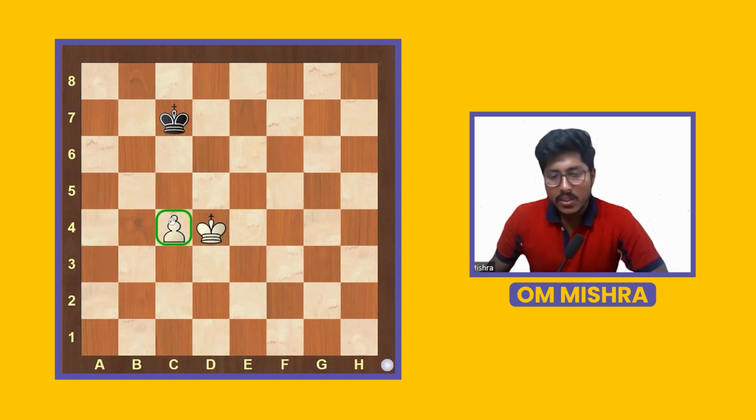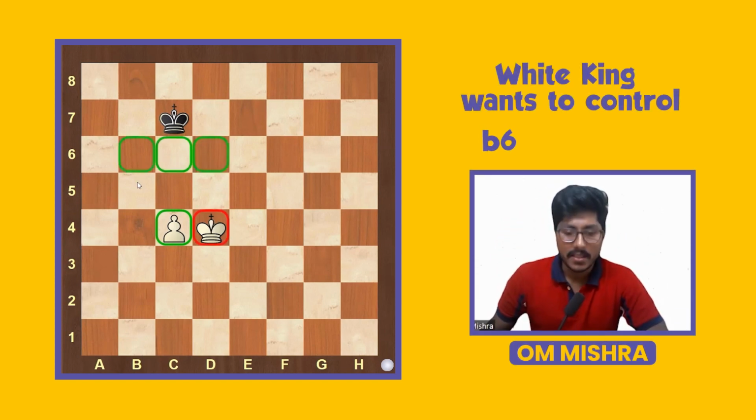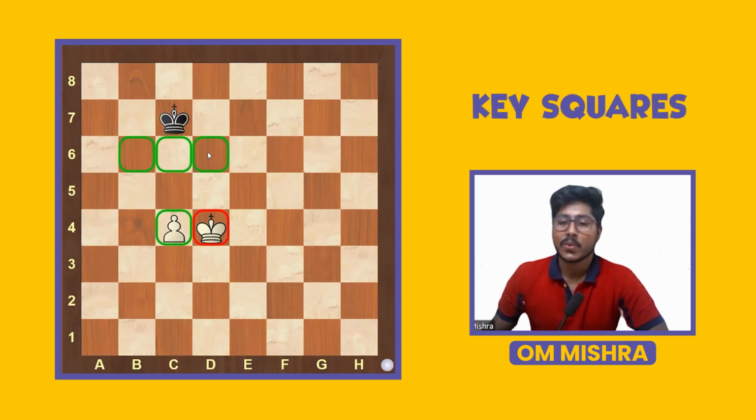For this pawn to get promoted, it is very important for this king to have a hold on these three squares, b6, c6, and d6. Why? Because these three squares are the key squares.